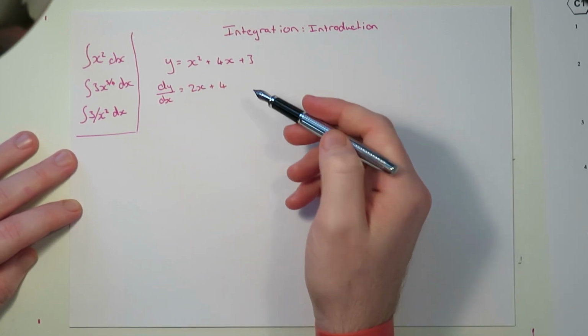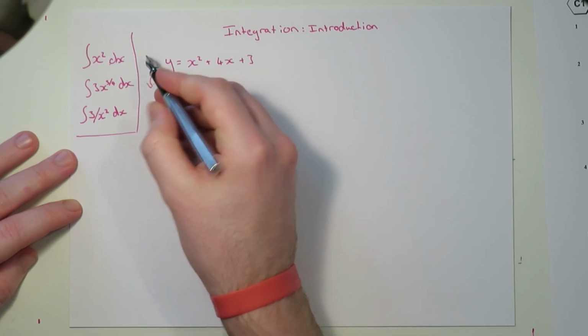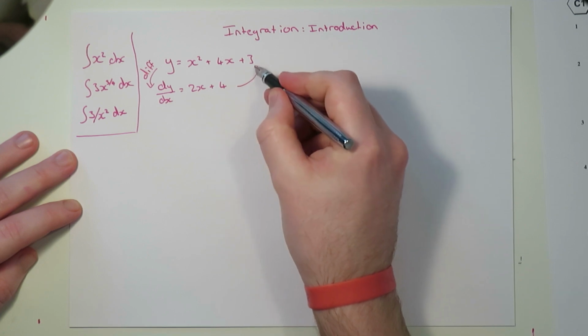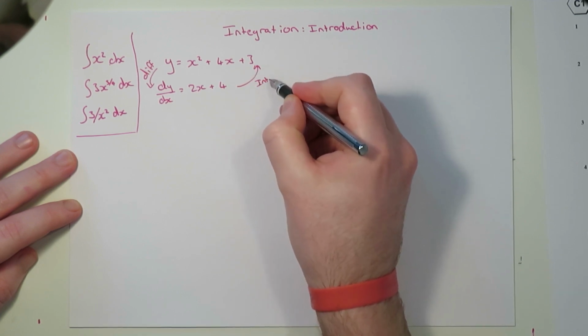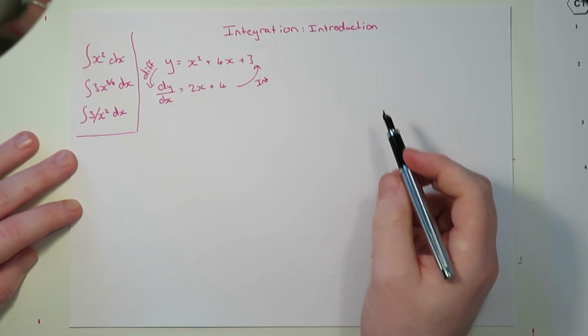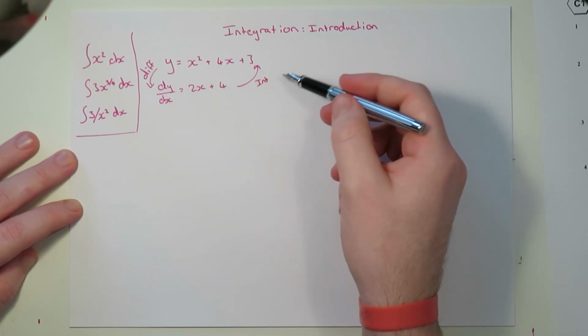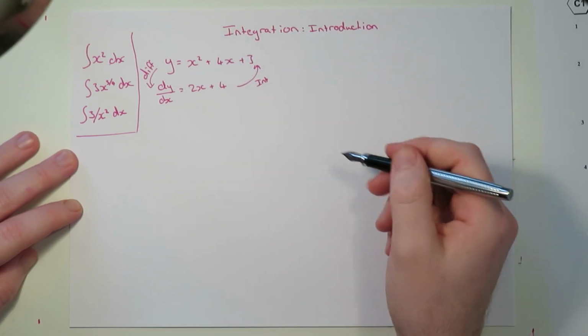Well, integration, if differentiation takes you that way, integration is what takes you that way. So differentiation is basically the inverse of integration, or integration is the inverse of differentiation.